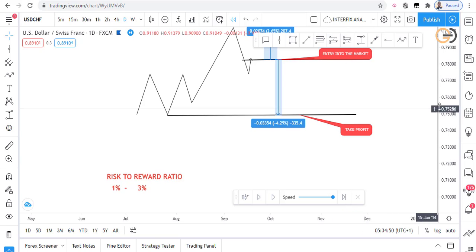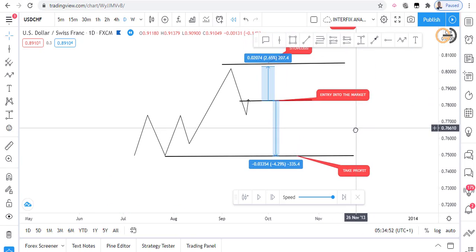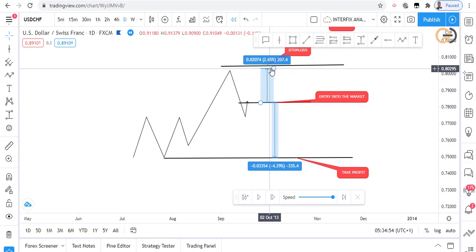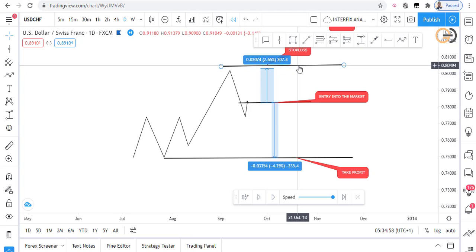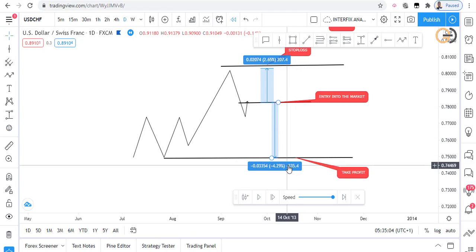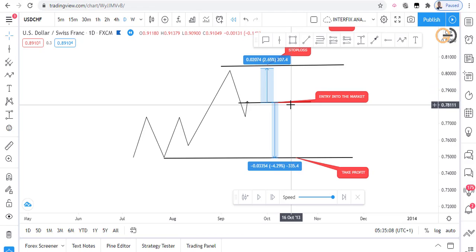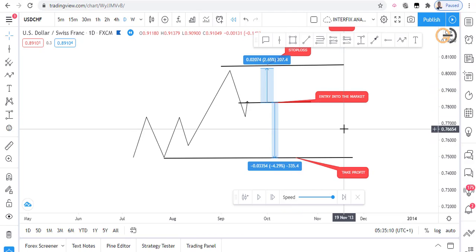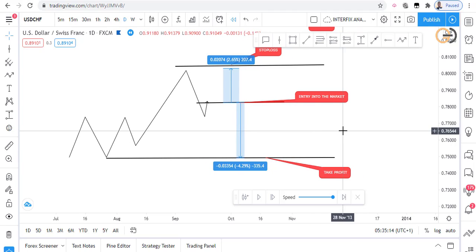So you use your pips to calculate the height of your stop loss, and then the length also of your take profit. It has to be 1% to 3%. 1 to 3% risk to reward ratio is golden.